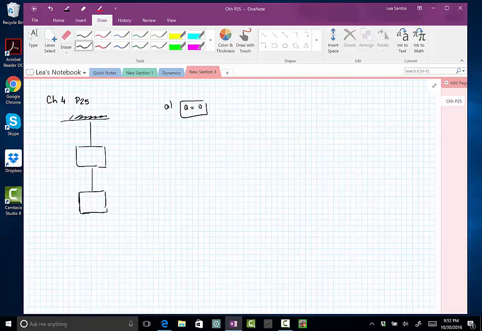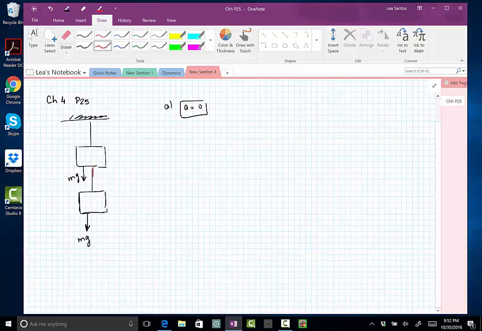Starting from the lower bucket, I have mg, which is the weight. How about the top one? I also have mg. Now focusing on the bottom one, this bottom one tries to pull the top one.